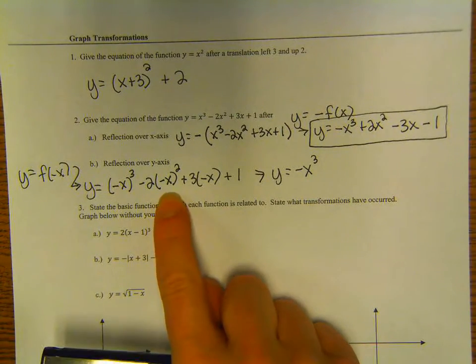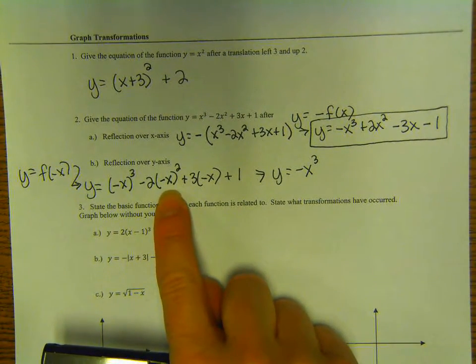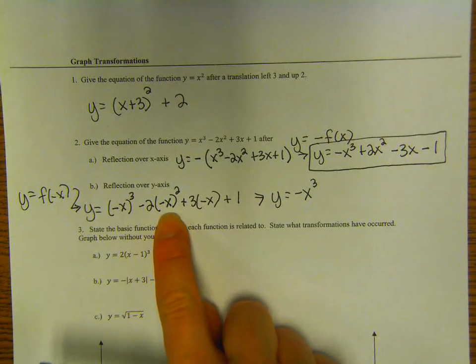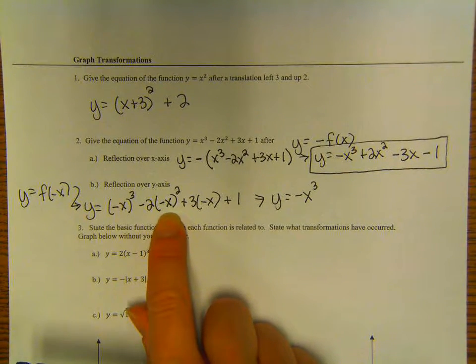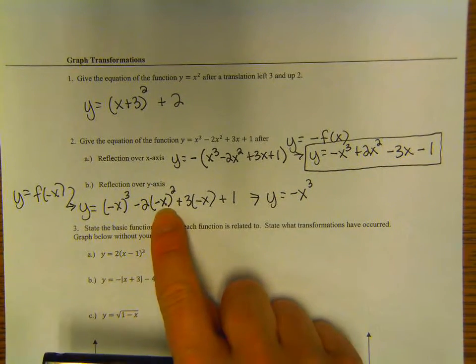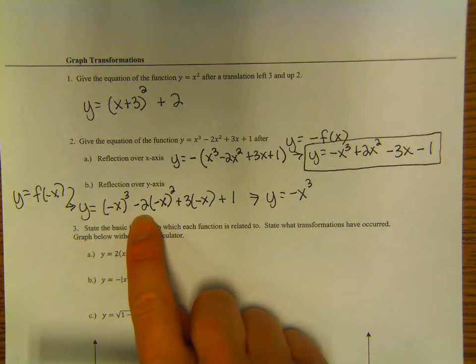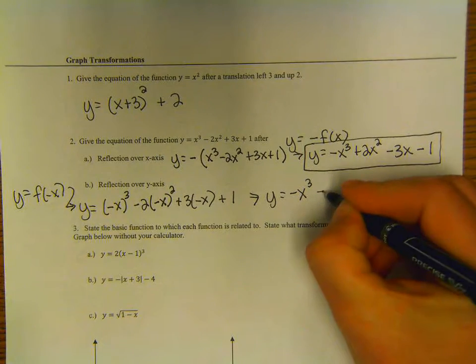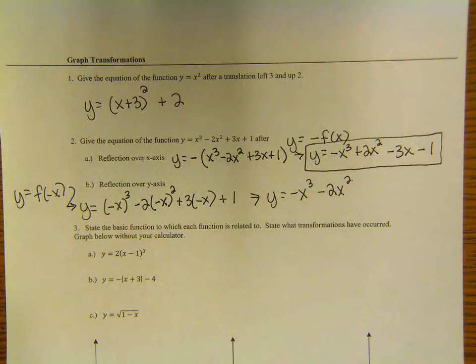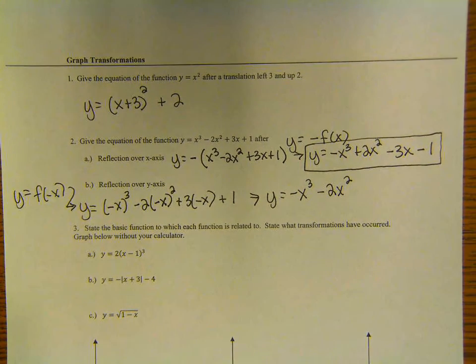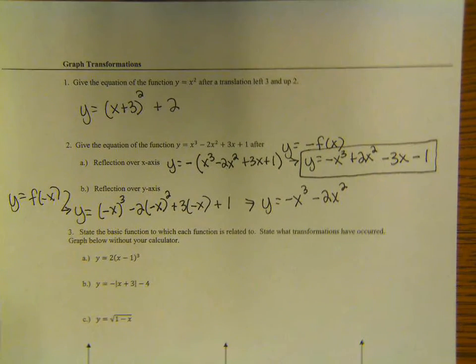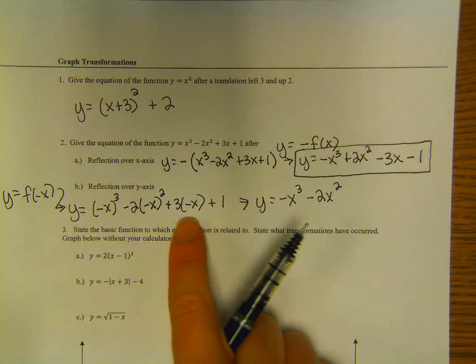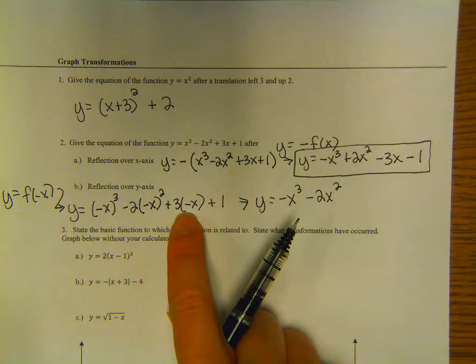Be careful, because you might think, oh, that's plus 2x squared. Wait a second, negative x squared is positive, agreed? But that negative 2 is still there. How about the plus 3 times negative x? That becomes what?